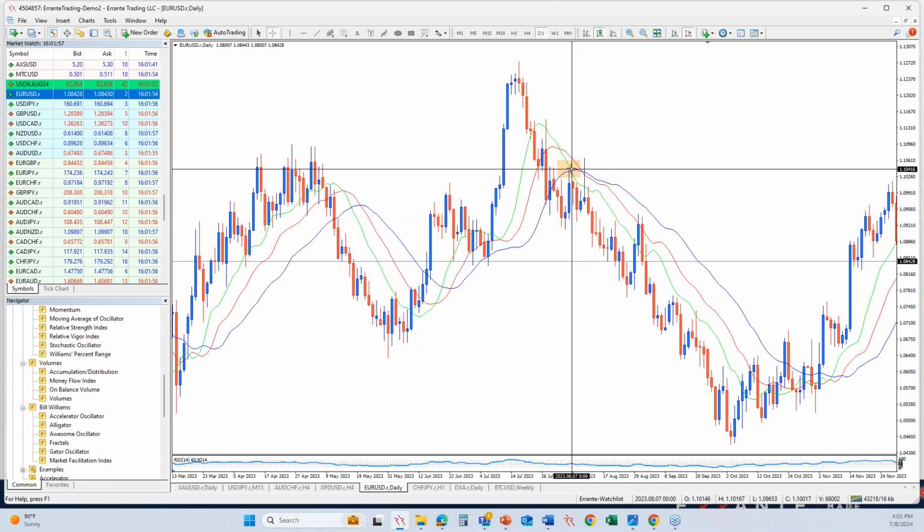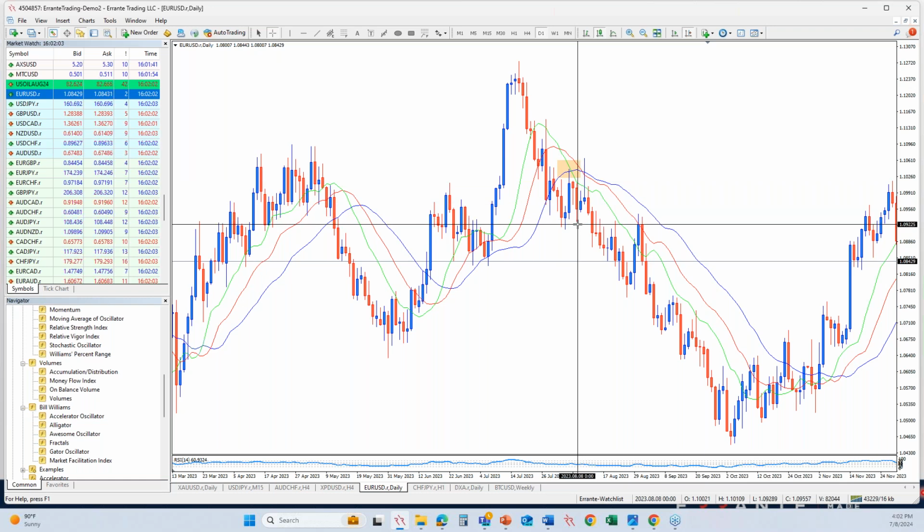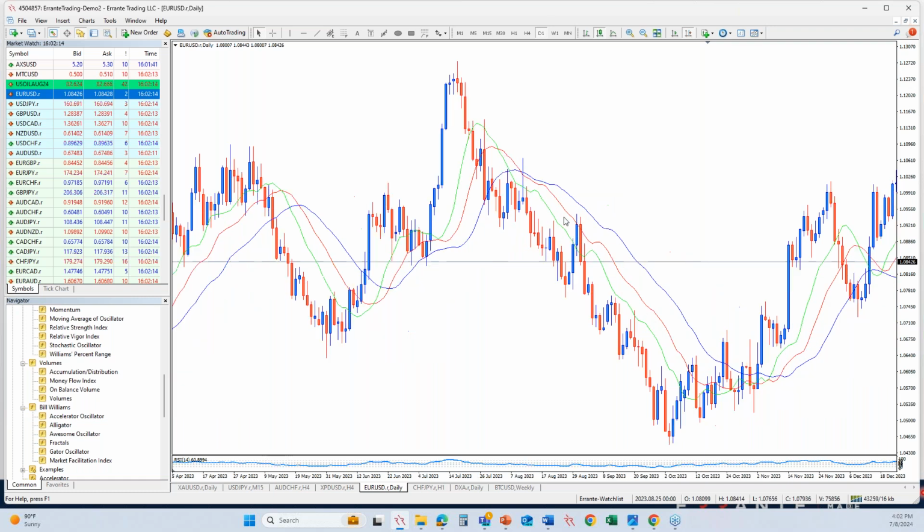This is it. There we can try to find a new entry, maybe at a break of the next support level, somewhere like here. Okay, but this is an indication of a downtrend.